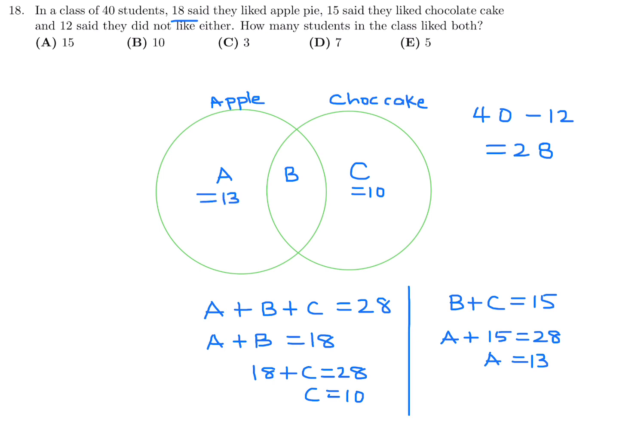And then finally, we can put all those guys into here. And that means that 13 plus B plus 10 is 28. And therefore, B is equal to, let's see here, 18 minus 13, 5. And B represents both, right? So number 18, the answer is 5, which is choice E.